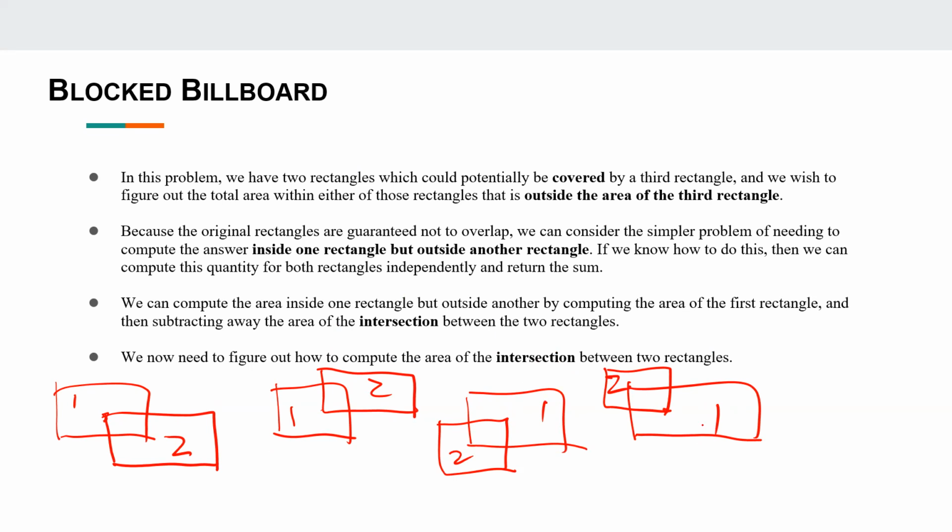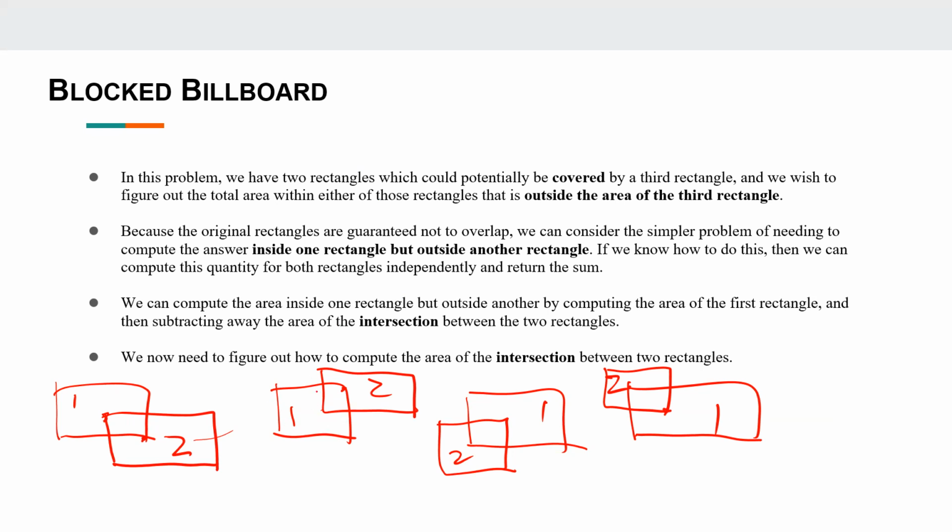And then by symmetry, there can be a swap. One of the four corners of rectangle 1 could be inside rectangle 2. When they overlap, similarly, this lower right corner of rectangle 1 is inside the other rectangle.